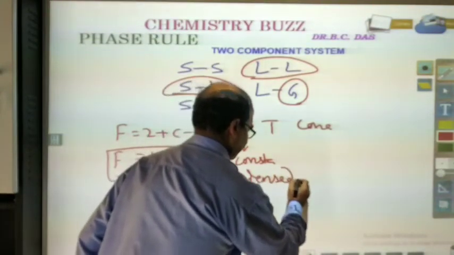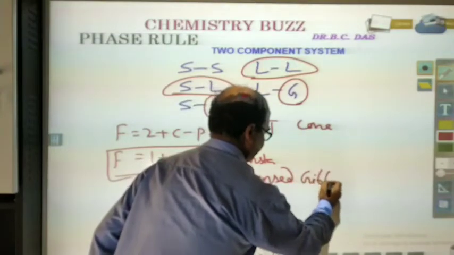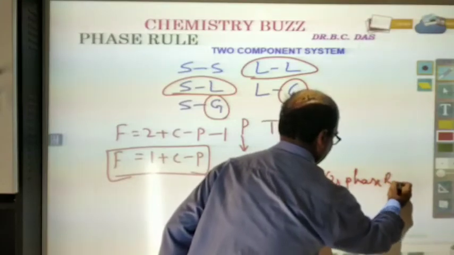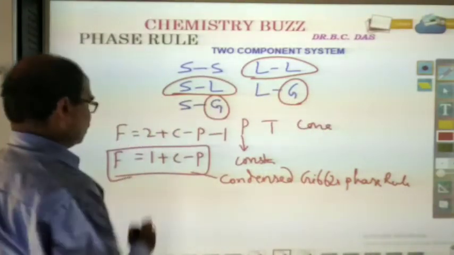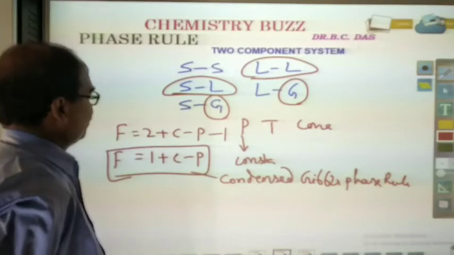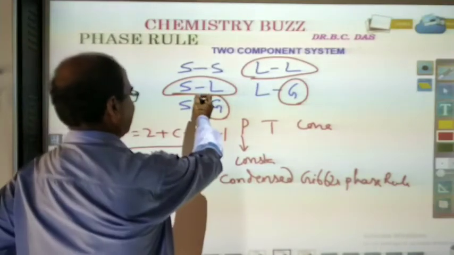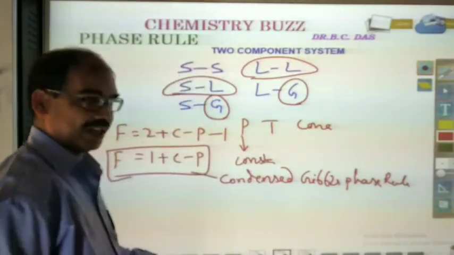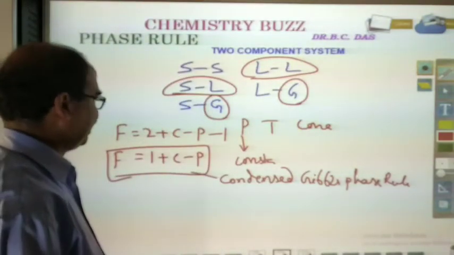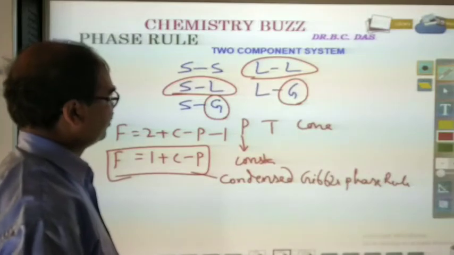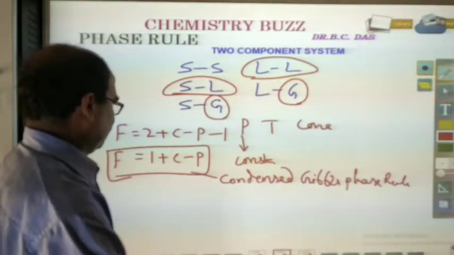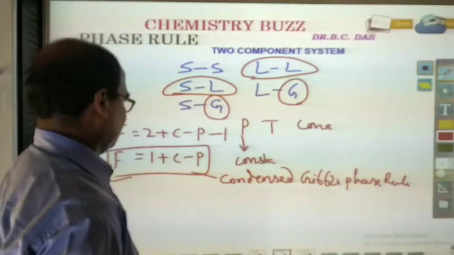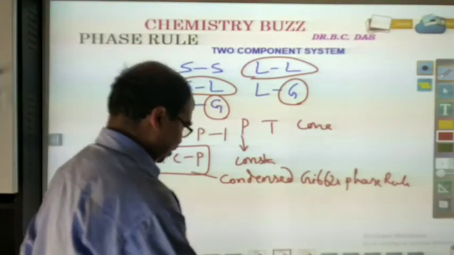For the condensed Gibbs phase rule, we study the solid liquid equilibrium and liquid liquid equilibrium, where a gaseous component is not there. Gaseous phase is not there. So this is the condensed phase rule, and we will study this.